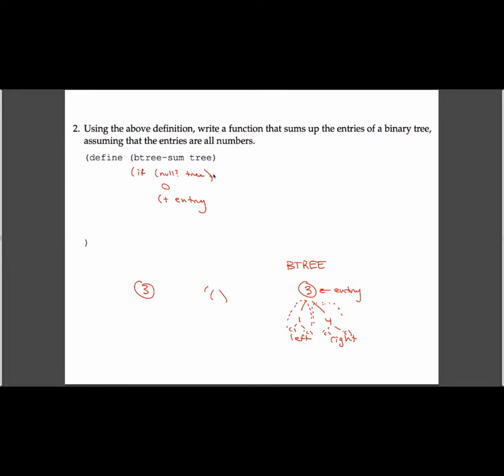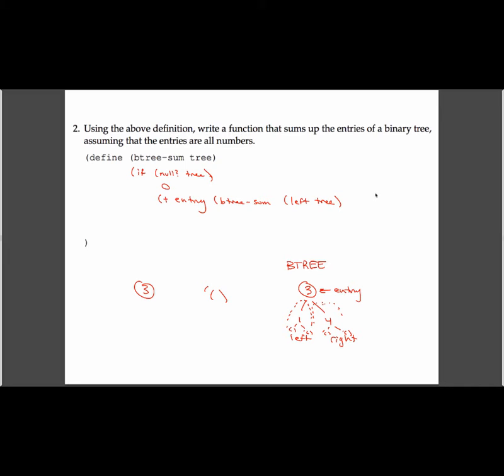And then I want to add up my entry with the sum of my left tree. And how do I access my left tree? Well, we've just defined it in the previous problem with left. How do I access my right branch? With right.